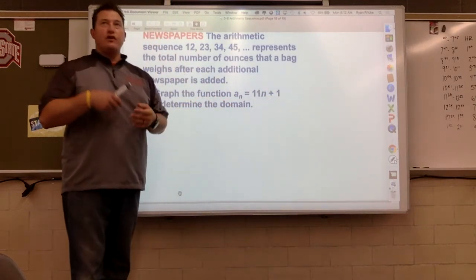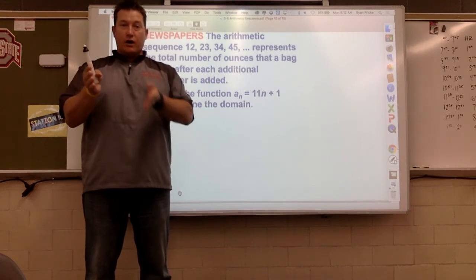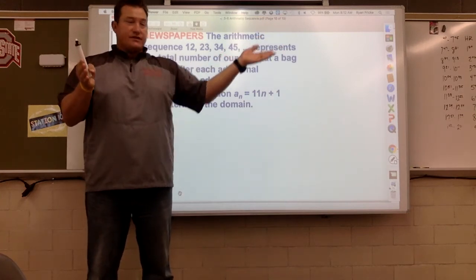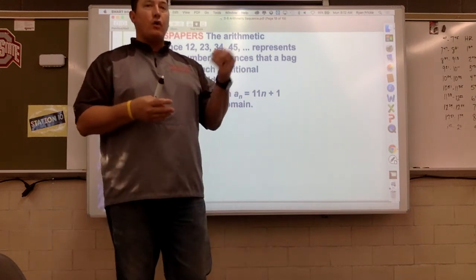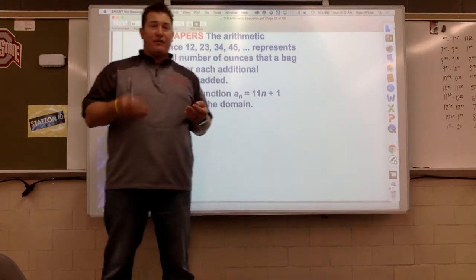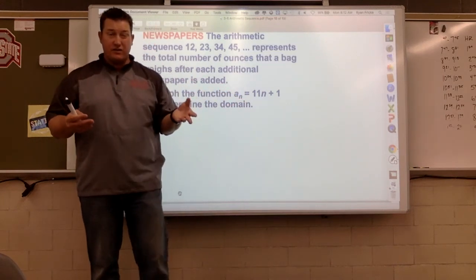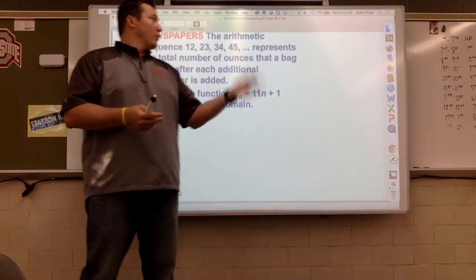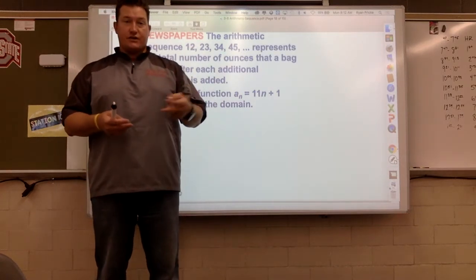Determine the domain. Well, the domain, guys, is just the term numbers. So the domain has to start at 1, and then in theory, this sequence goes on to infinity. But we're really only including whole numbers, right? Because is 1.5 in the domain of this arithmetic sequence? No, because we are only finding whole number terms, like the first term, the second term, the third term.